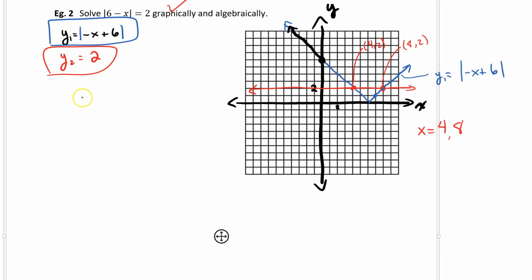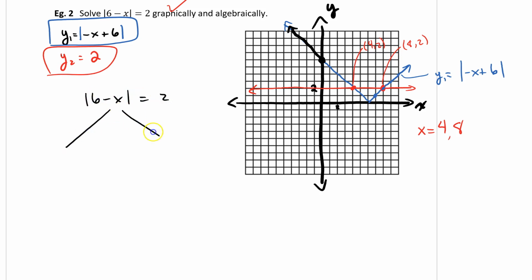Let's solve this algebraically. So I have the absolute value of 6 minus x equals 2. Remember, I need to take it in two chunks, one where the 2 is positive and one where the 2 is negative. So I would say 6 minus x equals 2 and 6 minus x equals negative 2.